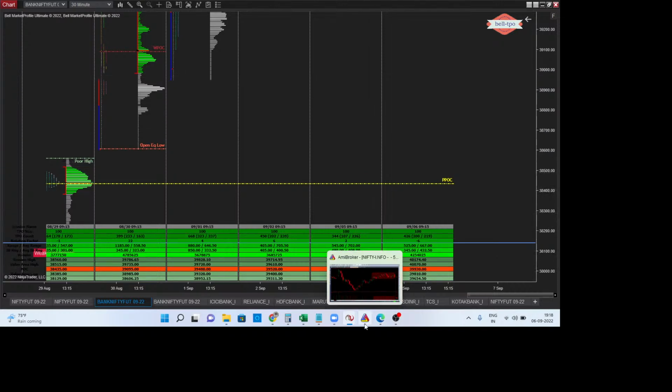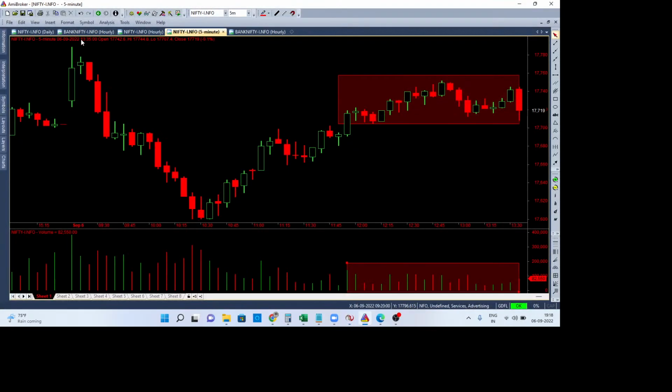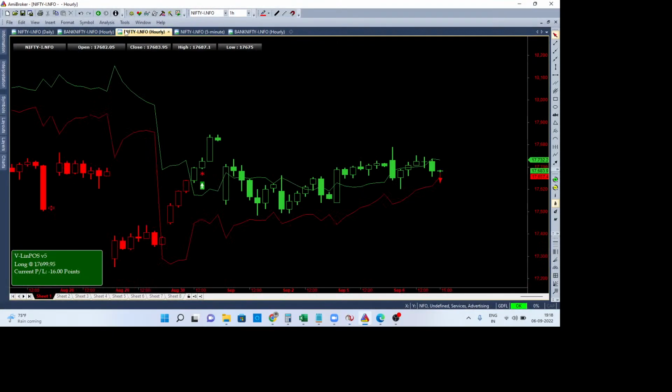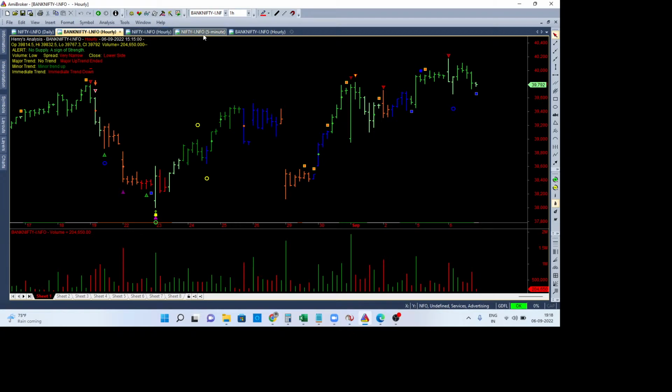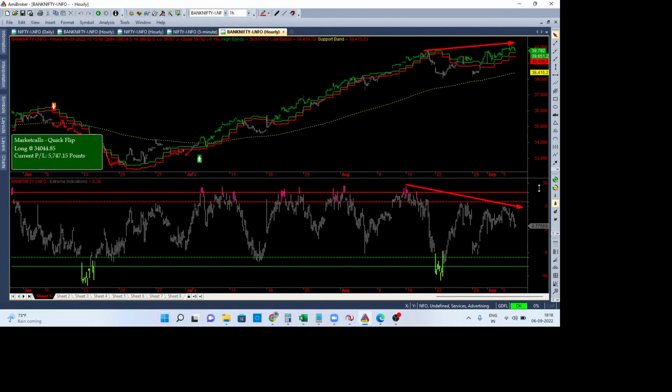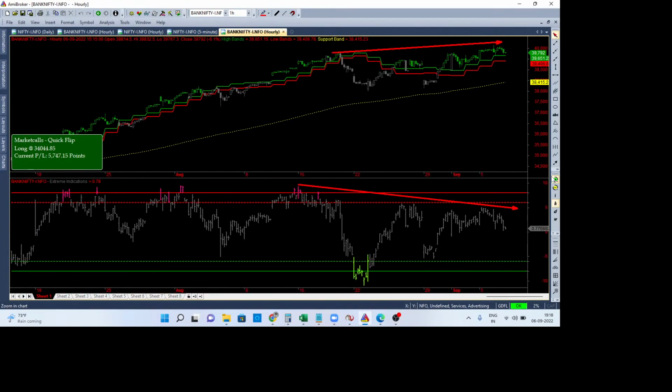Along with that, I'm also monitoring a very important indicator which I use myself. This is the Harley indicator. It's called an extreme indication. What I'm seeing is the price action attempting to go slowly and steadily upwards, and I'm seeing a divergence building up.